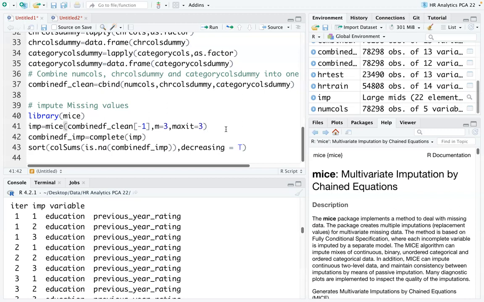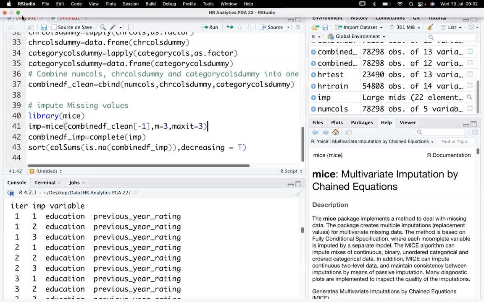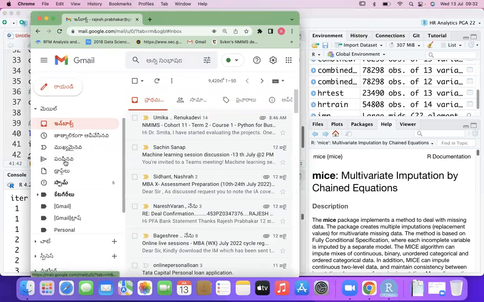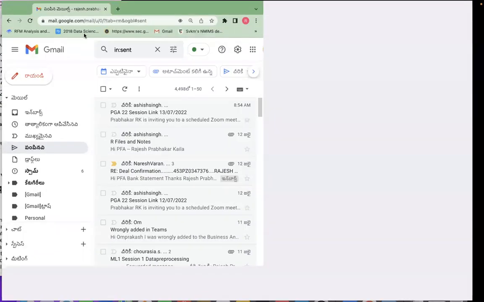Sir, after the class, try to share yesterday's and day before yesterday's notes and recording sessions, sir. Notes and recording sessions you haven't shared, sir. Mondays and Tuesdays notes I have shared. Recording sessions I have to share. Notes is there. Check your mail. Yesterday also I emailed it as text files. See?